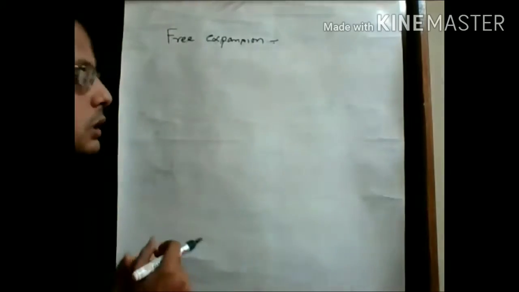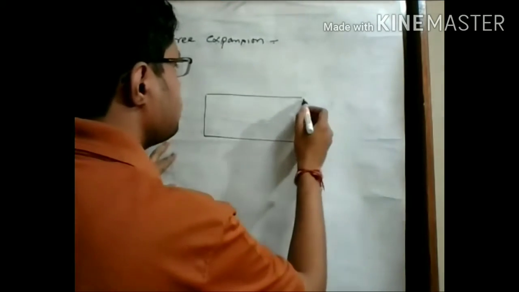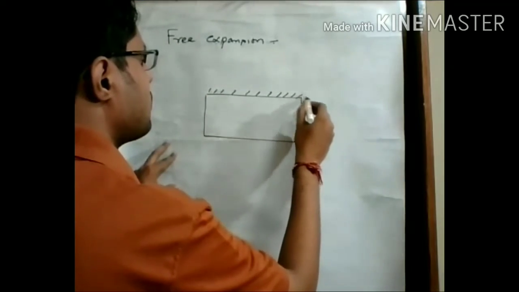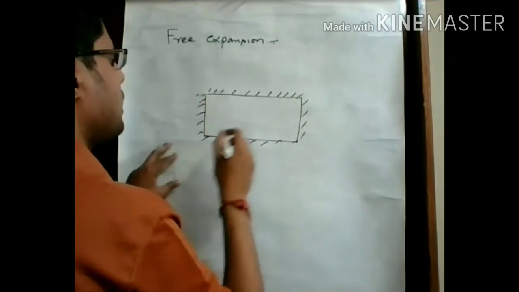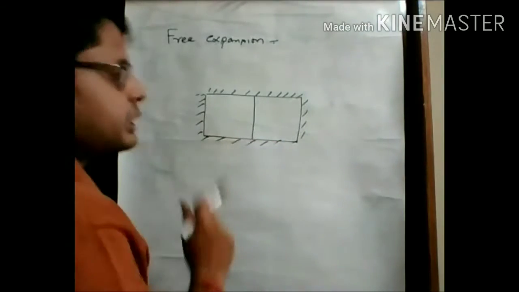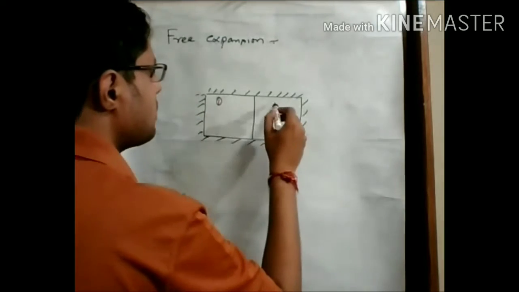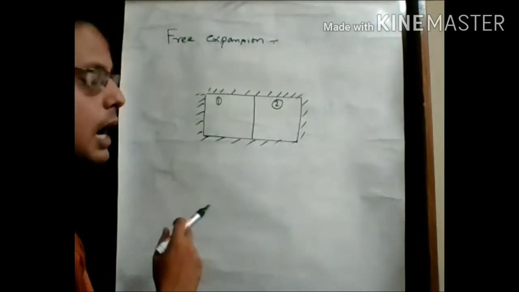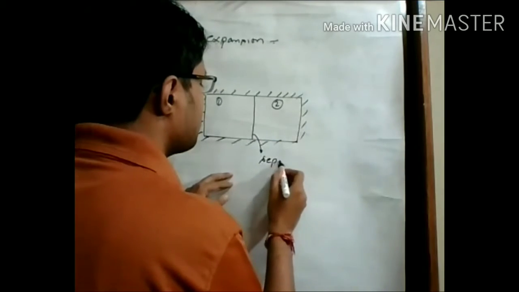Suppose we take a well insulated chamber like that, and we divide this chamber into two subsections. This is the first section and this is the second, and these two sections are divided by this separating wall.